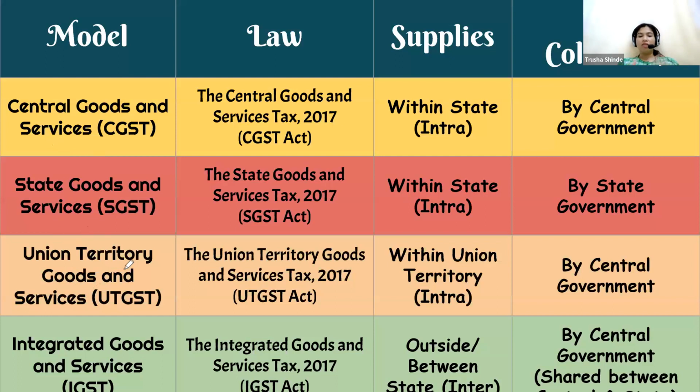The collection here is done by the central government, and later on it is shared between the state and your central part. Only one common thing you need to remember: when there is the SGST part, the collection is done by the state, and for the rest of the acts, the collection is done by your central government. I hope everyone has understood this.